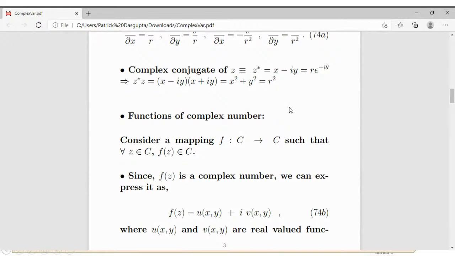Similarly, any complex number, since it is characterized by x and y, therefore the set of complex numbers are also referred to as complex plane. A function of a complex number is a mapping from the complex plane to itself, so that for all complex numbers belonging to the complex set, f of z is a complex number.